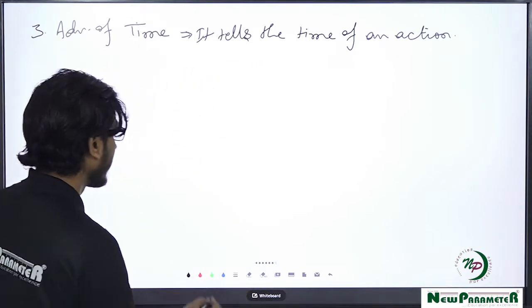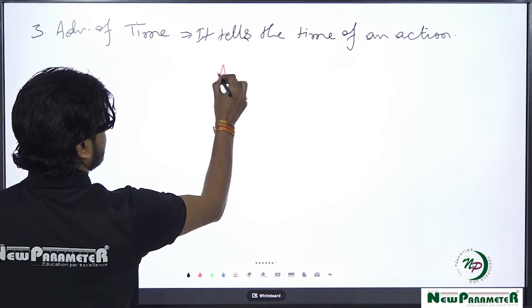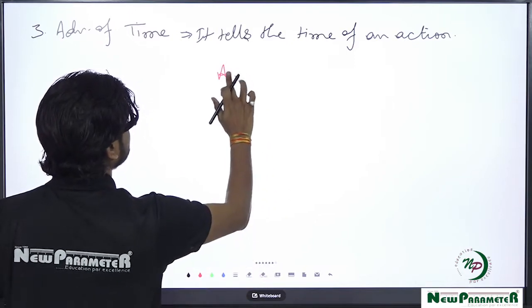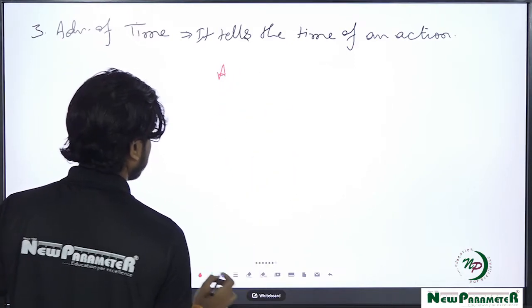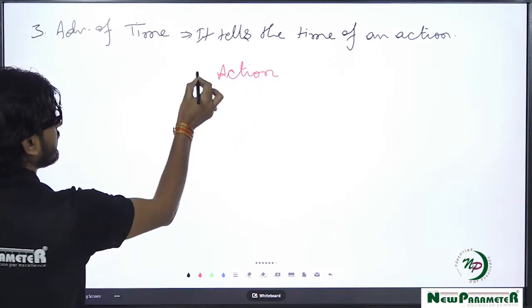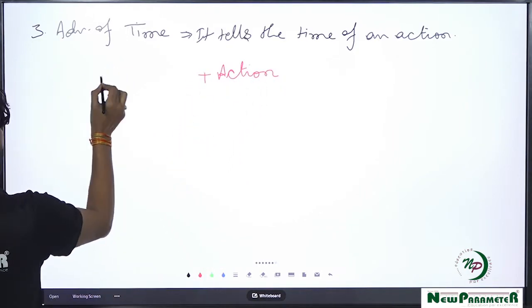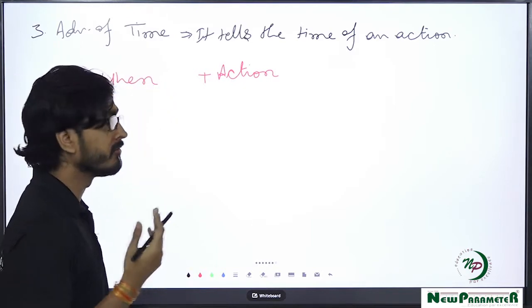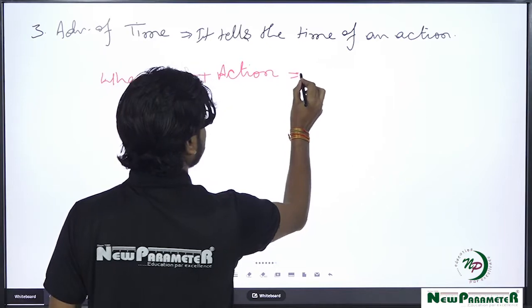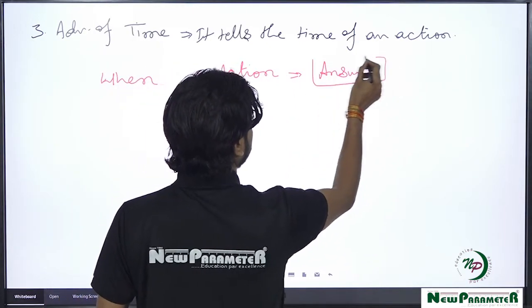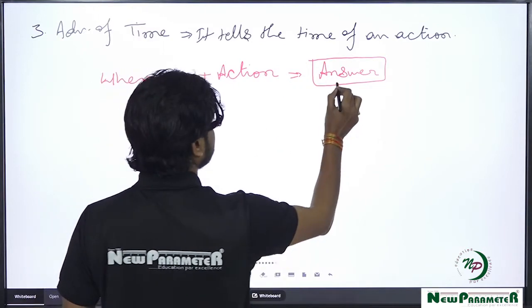So we can say, if I have an action, and I have asked a question, when means kab, when action. So whatever answer we get here, it will be what?